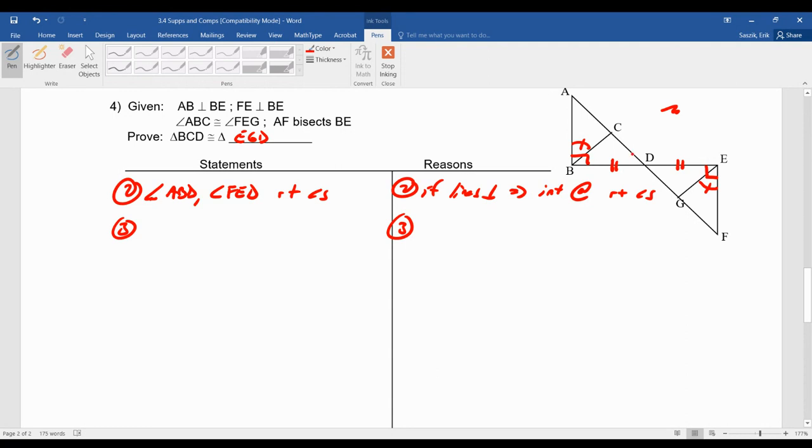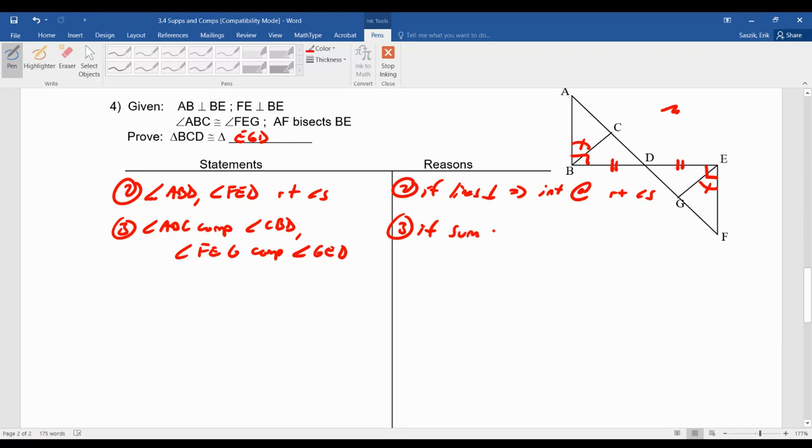Now you're probably thinking, hey, I got these congruent. I know this is comp to this. I know this is comp to that. So then I can get these angles congruent. But we first have to say that they're complementary. Angle ABC is comp to angle CBD, comma, angle FEG is comp to angle GED, and that's what?